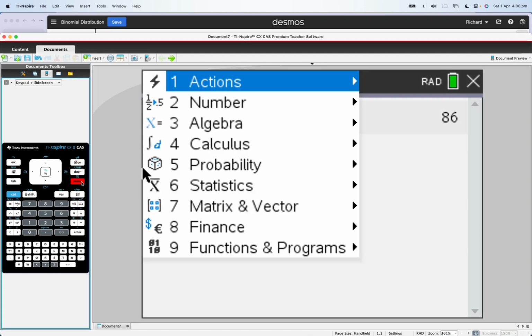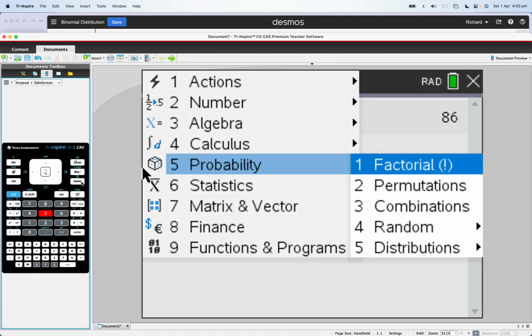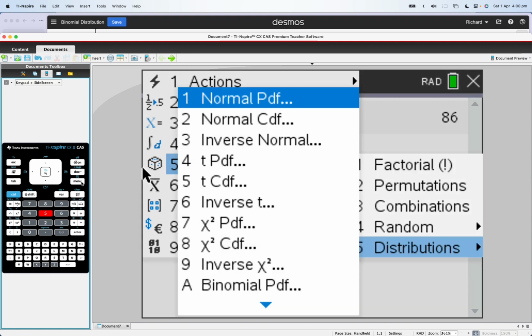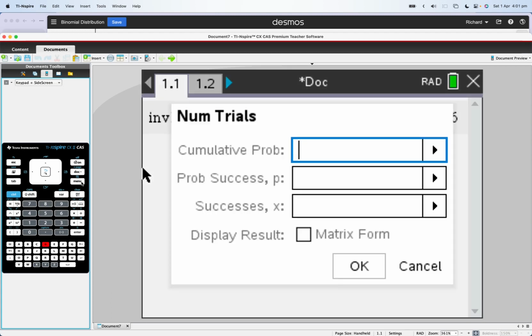Okay, so that's what we're going to do. Under menu, we tap 5 for probability, 5 for distributions, and we could scroll down, or if you've used it often enough, you know that D gives you the inverse binomial distribution by n, like so. You're asked to put in the cumulative probability.